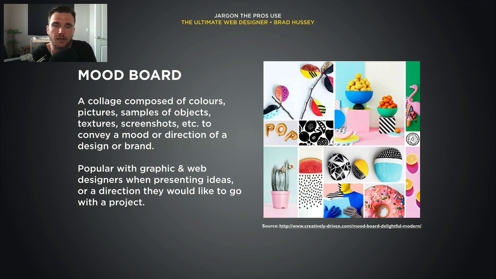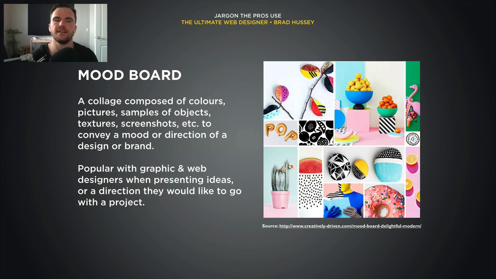So the first one we're going to talk about is a mood board. A mood board is a collage composed of colors, pictures, samples of objects, textures, screenshots, and so on and so forth to convey a mood or a direction of a design or brand. Mood boards are popular with graphic and web designers when presenting ideas or a direction they would like to go with a project.